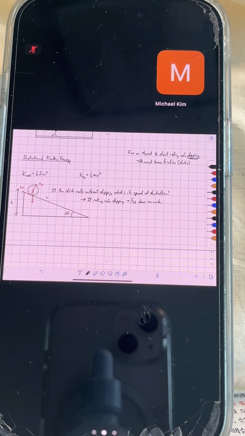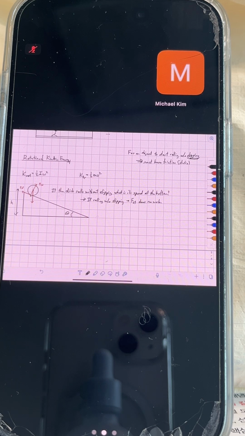One way to think about it is that if we think about work as a transfer of energy, the force of static friction is coming from the incline in this case. Can the incline impart any energy into the disk? Well, no, not really. Or the other option is that the force of static friction is being exerted at this point of contact, and the speed of the point of contact, that portion of the wheel in contact with the ground, is always 0.